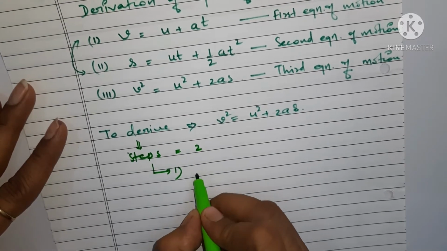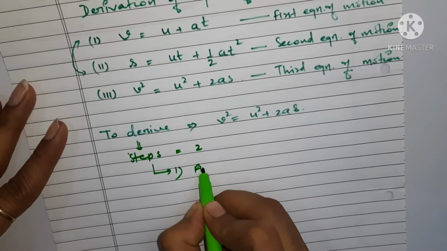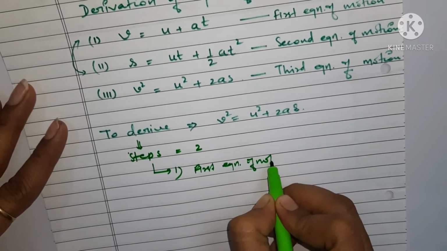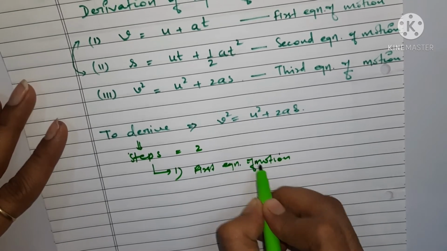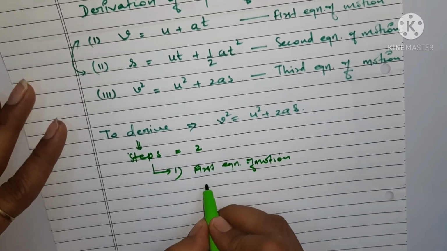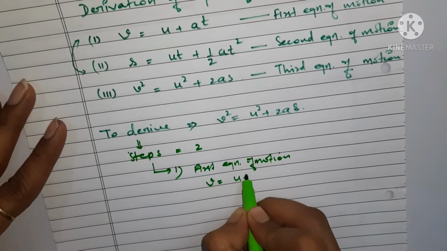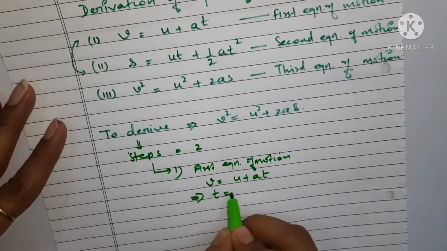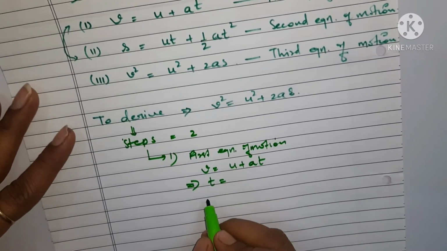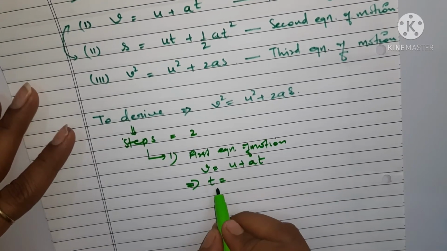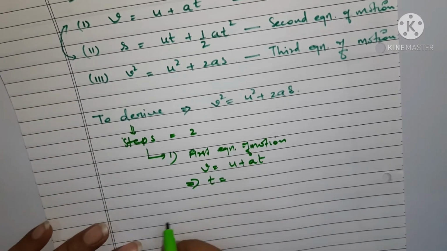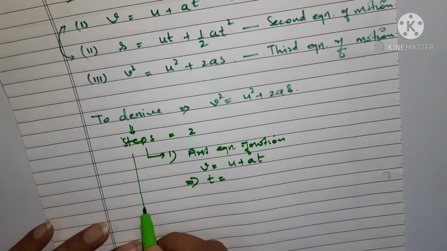The first equation of motion is v is equal to u plus at. So you will find the value of t with the help of v is equal to u plus at. And what will be the second step?